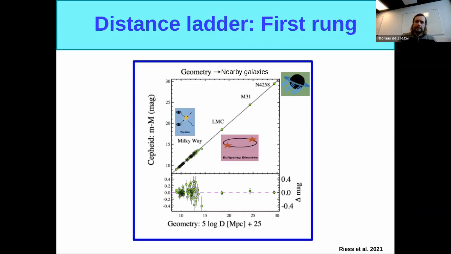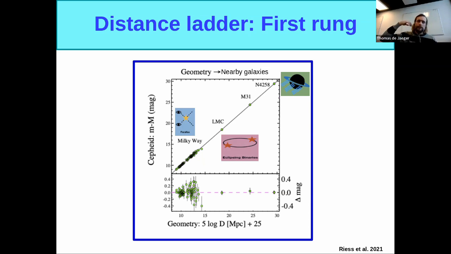You have the eclipsing binaries, for example, and you also have the masers in the famous galaxy NGC 4258. Using these methods, you can have an absolute distance measurement in the Milky Way and some nearby galaxies, like the Large Magellanic Cloud and M31. And so you have the first rung of the distance ladder.